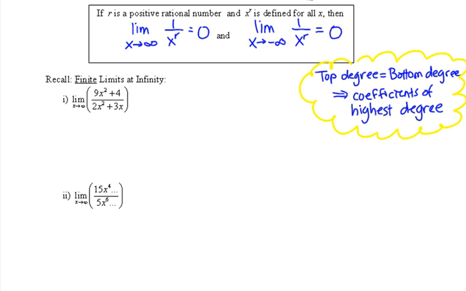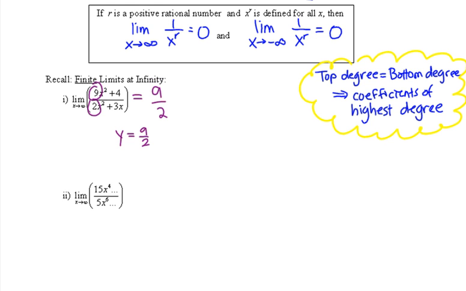So in this case, are the coefficients on the top equal to that of the bottom? Yeah. What are the coefficients of the highest degree? 9 and 2. So it approaches 9 over 2. And if we write it as an equation, what would it be? If it's horizontal, y equals 9 over 2 would be the equation of the horizontal asymptote.